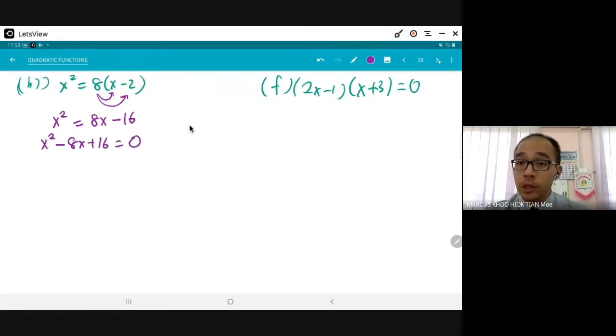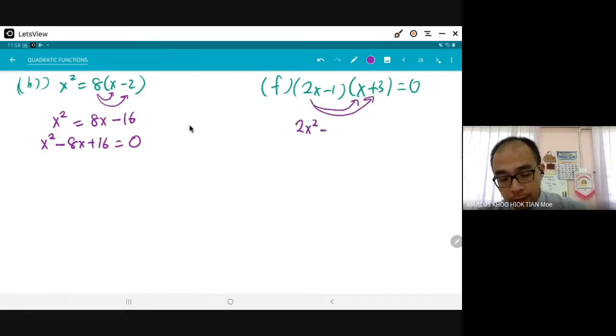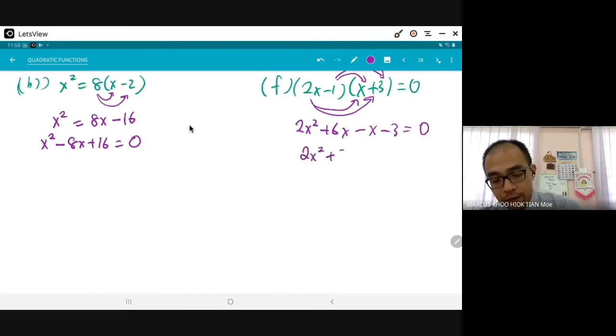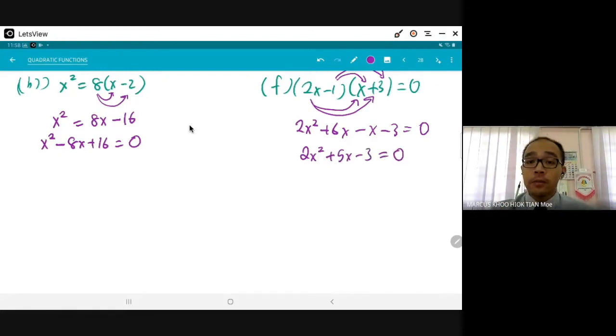It must be in this form. Question F, multiply this, so you get 2x squared plus 6x. Then multiply this, minus x and minus 3 equals to 0. When we simplify, 2x squared plus 5x minus 3 equals to 0. This is compulsory. It must equal 0: x squared, x and then the number. And then you find the ABC.